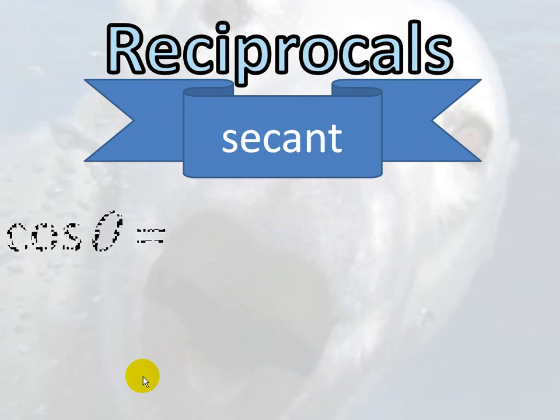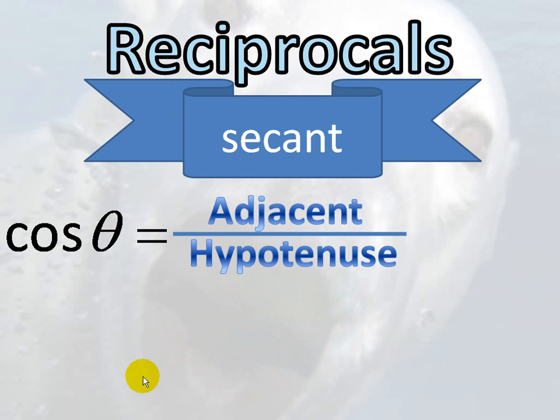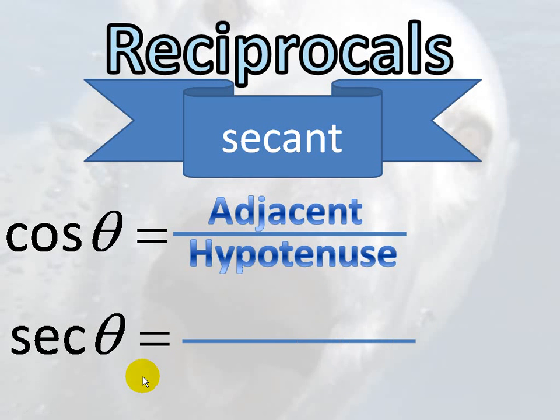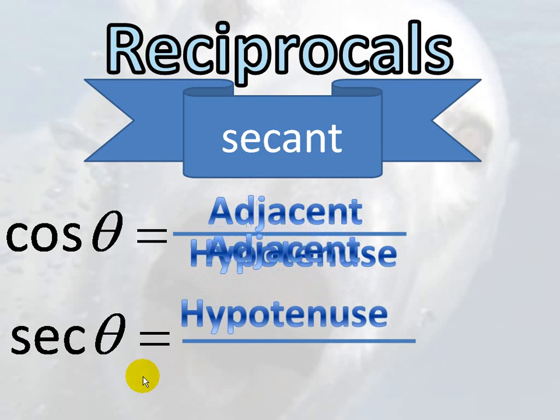And then we have secant, which is the reciprocal of cosine. Remember, cosine is adjacent over hypotenuse. So secant, abbreviated SEC theta, would be hypotenuse over adjacent. So it's kind of counterintuitive.